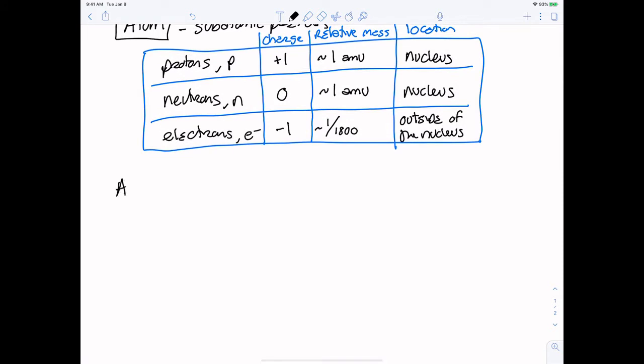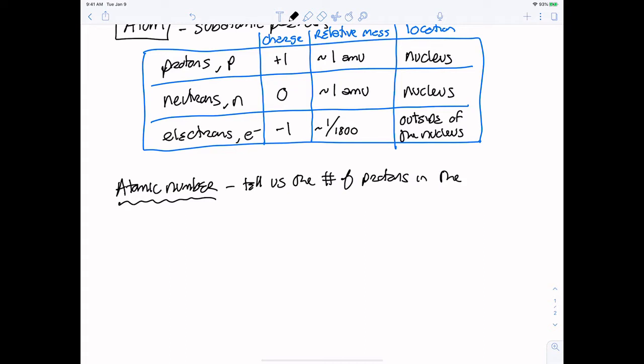A couple other terms I want us to remember. Atomic number. What was our atomic number? Yeah, our atomic number tells us the number of protons in the atom's nucleus. And these are on the periodic table. These are the whole sequential numbers on the periodic table.